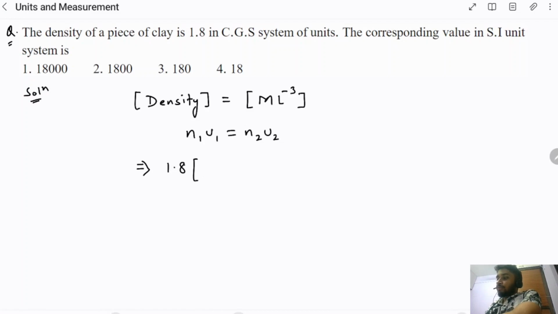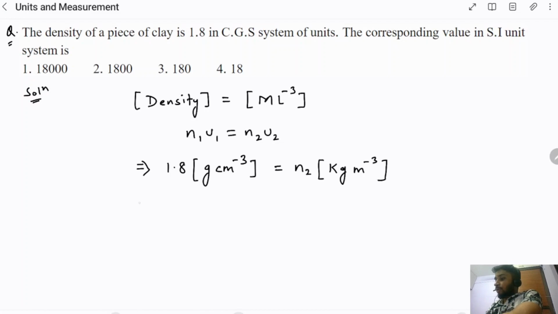In CGS unit, again the procedure is that we write the CGS unit of the base dimensions that we have here. For mass, the CGS unit is gram, and for length it is centimeter to the power minus 3, and that should be equal to N2. N2 we need to find, which is the value in SI unit, and for U2 the SI unit of mass is kg, and for length it is meter to the power minus 3.